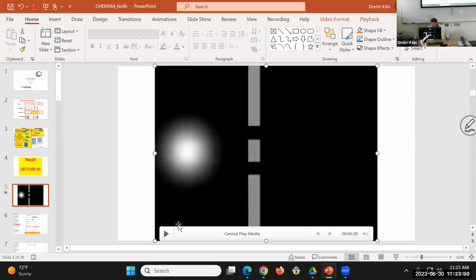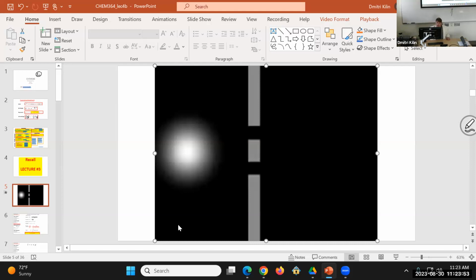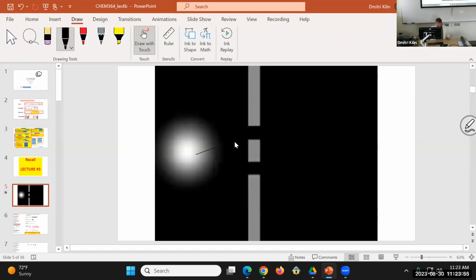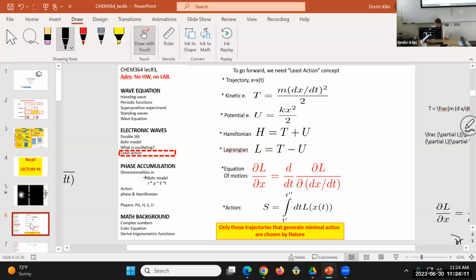It is what we talked about with the double slit. There is a movie. If you see the downloaded figure, it forms the fringes as it develops. That is what we did last time. And there was a missing derivative sign in the last equation when we did a little recitation of the least action principle.